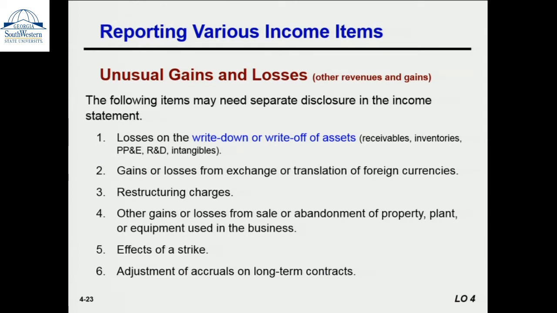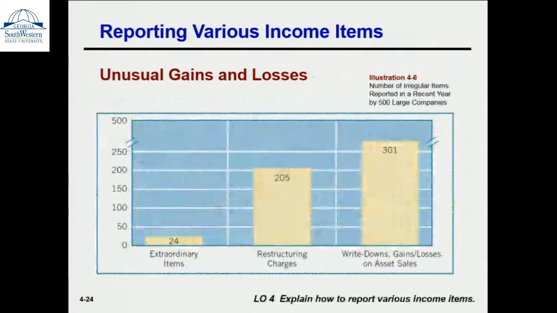Right before net income, there's an other revenues and gains section. So that's where these should ordinarily be shown, and for our purposes, that's where they'll be shown. You might want to look at the rest of these as far as what kind of things are also on this list.